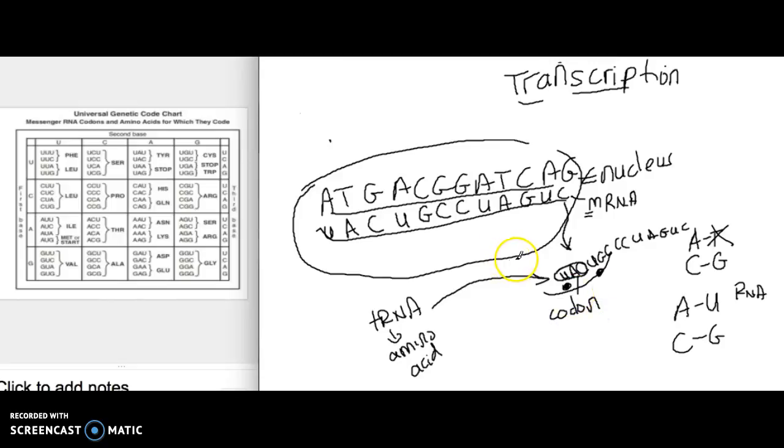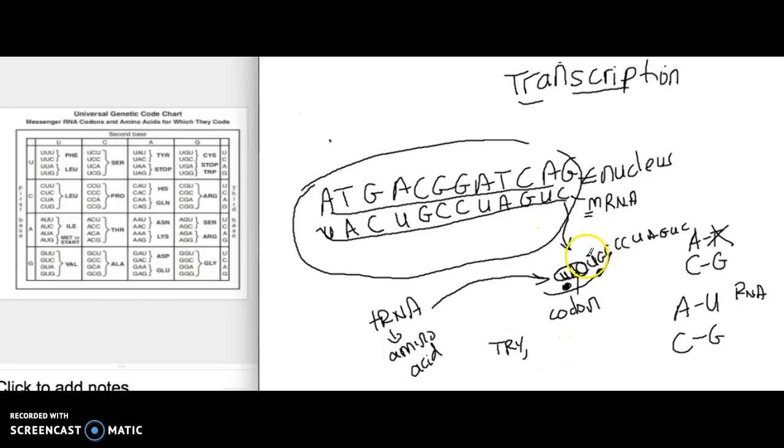So the codon is read. We're going to look at our chart and figure out what amino acid it will code for. So UAC is here, UAC. So it will code for the amino acid TYR.